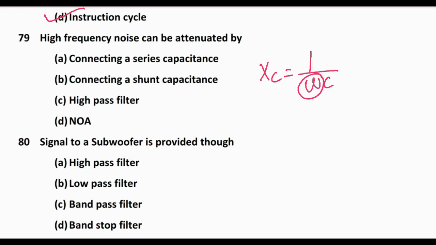As omega increases, XC will decrease. As XC decreases, overall impedance will decrease, and the high frequency components of the signal will be shorted to the ground, and this will be filtered out.